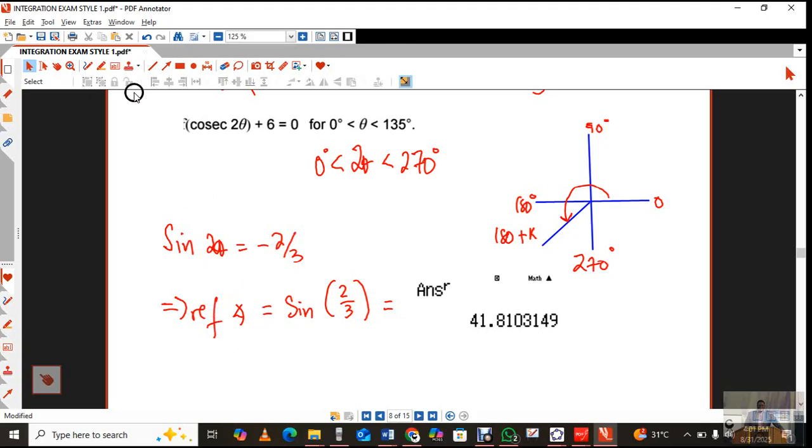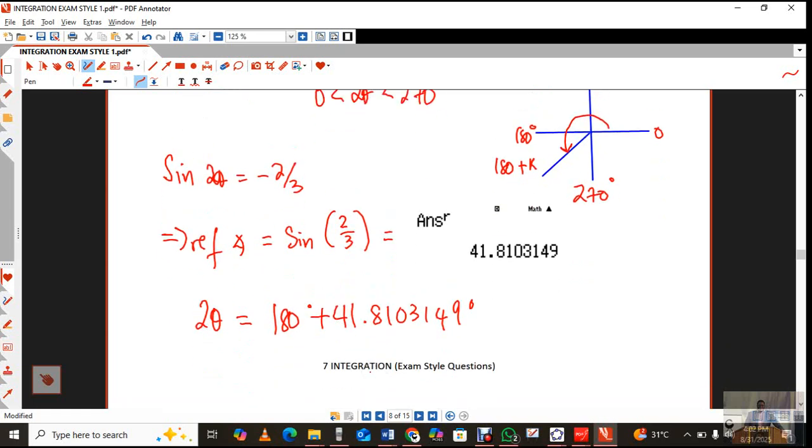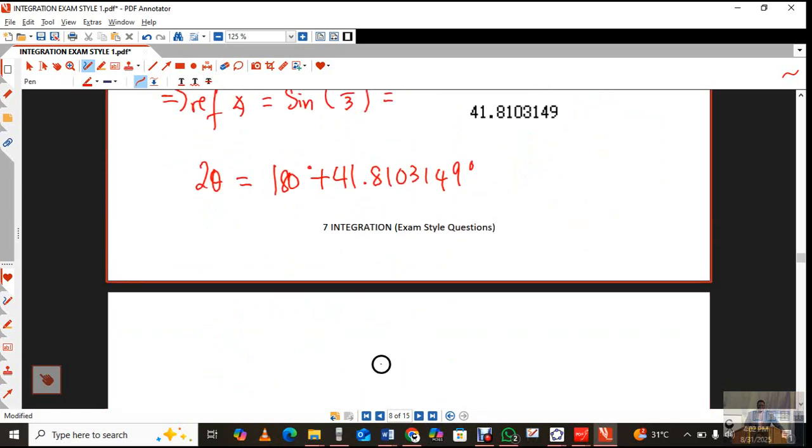So the solution is going to be 2 theta equals 180 plus 41.810314 degrees. And we're going to take that answer and divide it by 2 to get theta. So we take our answer, we divide it by 2.